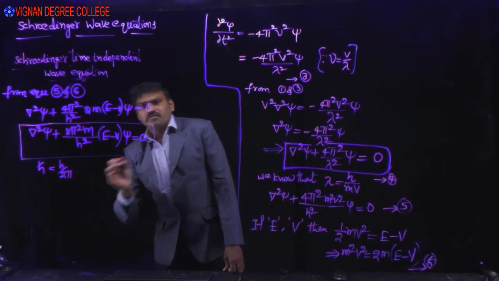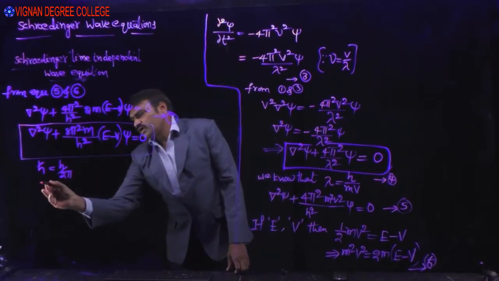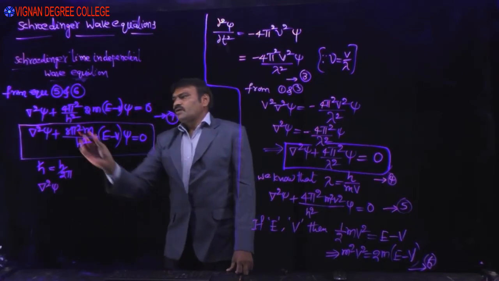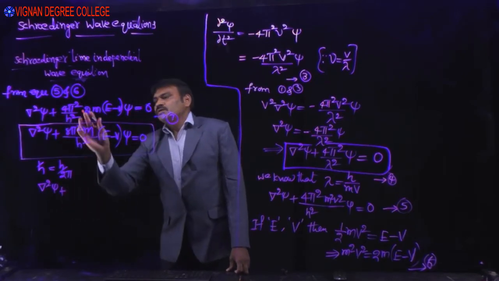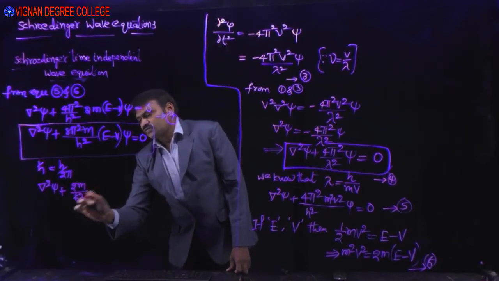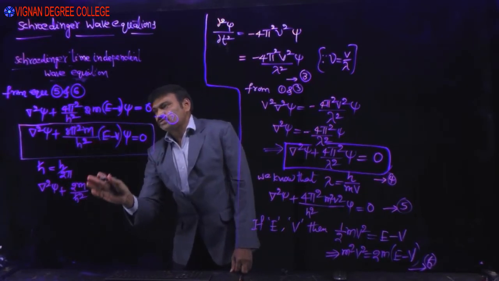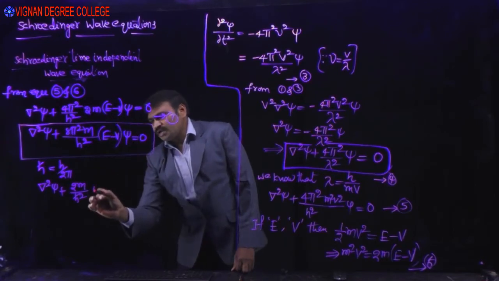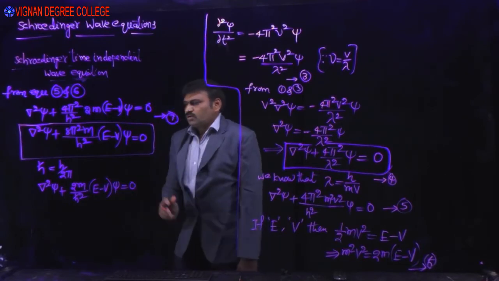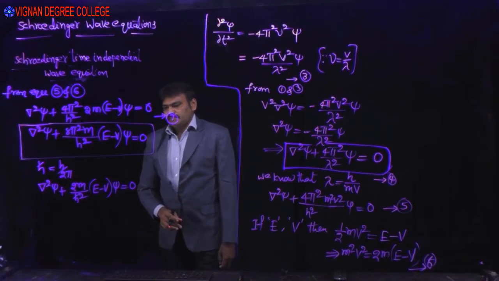So equation 7 becomes del square psi plus 2m by h cut square, since 4 pi square by h square means 1 by h cut square, into E minus V of psi is equal to 0. This is also the Schrodinger time independent wave equation.